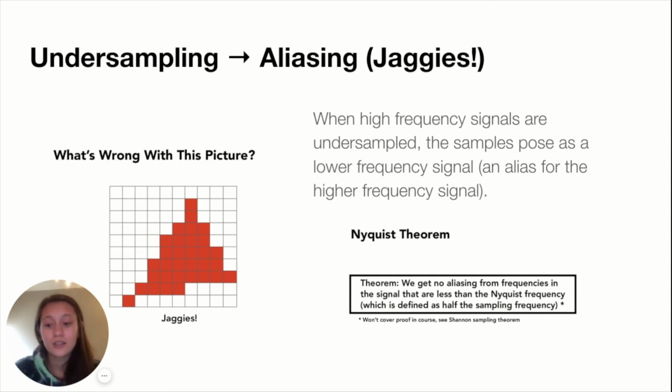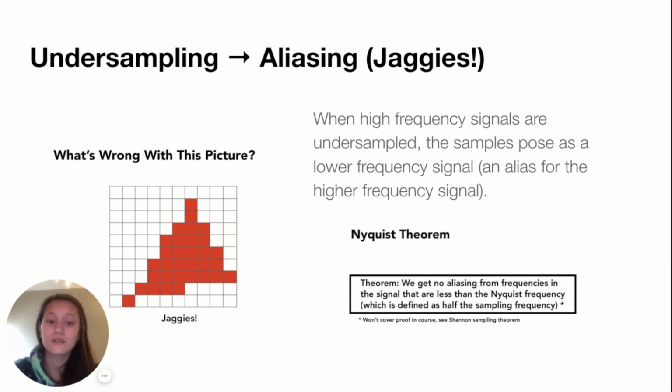The way to avoid this is to increase your sampling. If you increase your sampling enough, then you can accurately represent your high frequency signal, and you will no longer have aliasing. In order to determine how much sampling we need to do to correctly represent our signal, we have the Nyquist theorem.